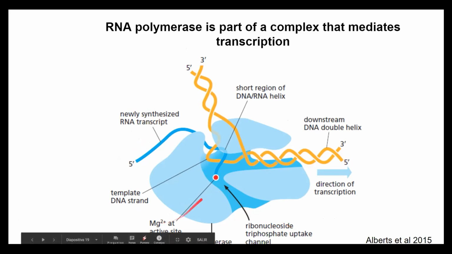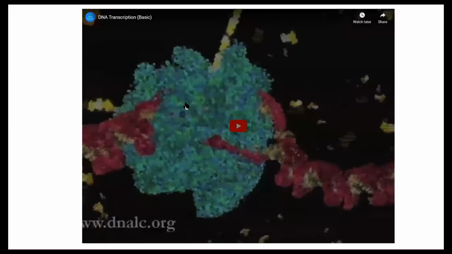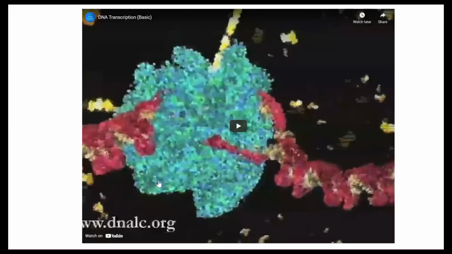There are also magnesium ions that are required to make the synthesis. And as you can see, the DNA is unwrapped at the section. It's like a bubble where the transcription is going in one direction. This goes really fast, and it will happen all the time in the cells because they need to express different genes. So we're going to go to the video, and then we'll go to the questions, okay?